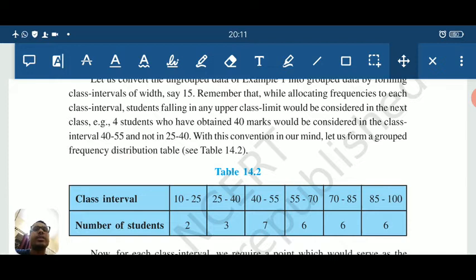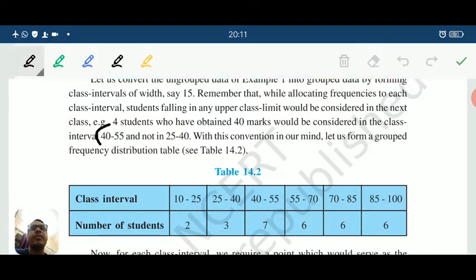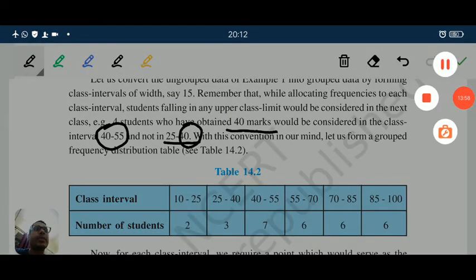Example, 4 students who have obtained 40 marks would be considered in the class interval of 40 to 55. So this class interval we have to consider for the students who have scored 40 marks, not this one, because in this 40 is not included. In this kind of data where we have grouped it into class intervals, we have to consider only the lower limit data, not the upper limit.